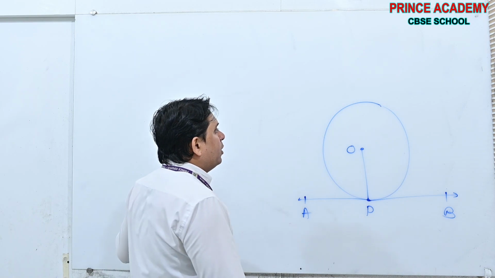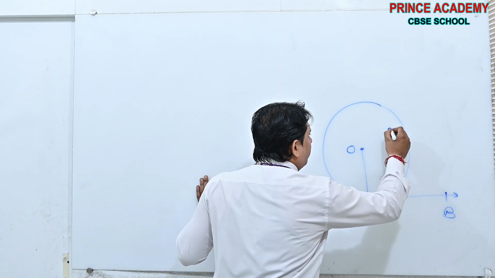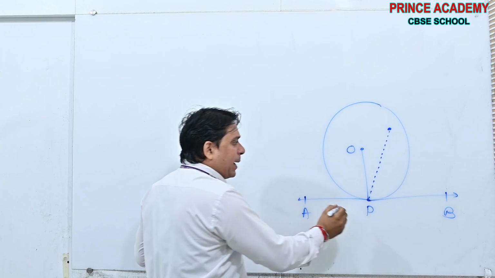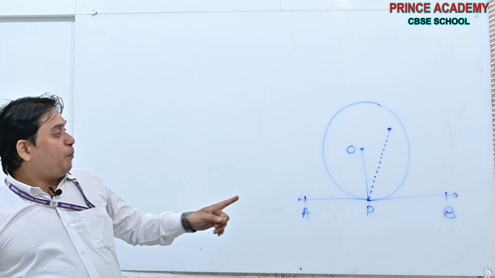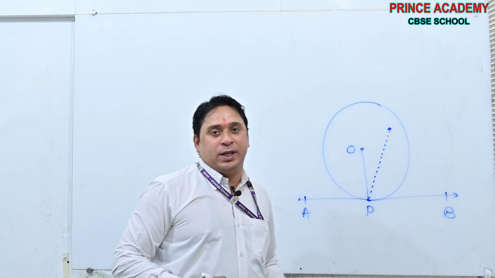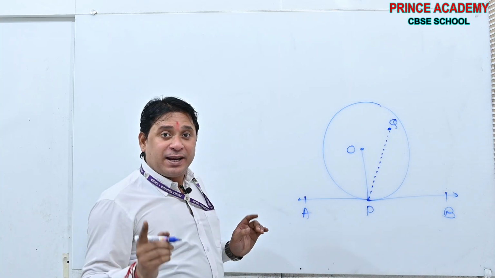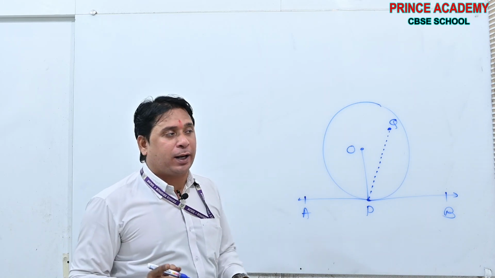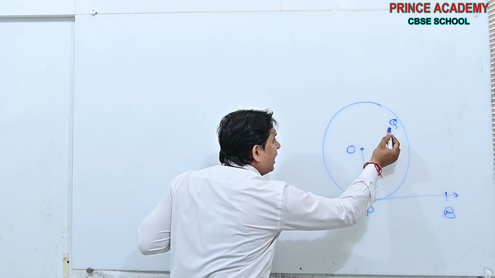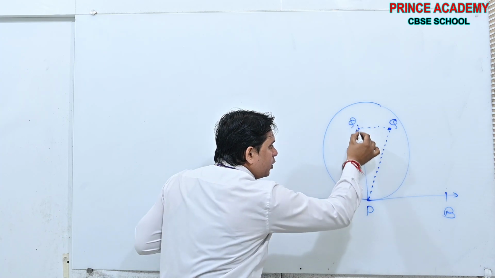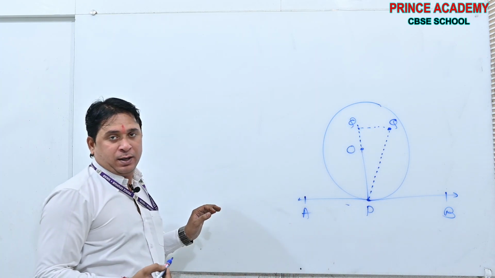Suppose I am drawing from here. First you can visualize, will it be perpendicular? OP is already perpendicular to this, so how can it be perpendicular? It is possible to draw the perpendicular only if Q was here. If Q is here, you can say QP is perpendicular to AB.